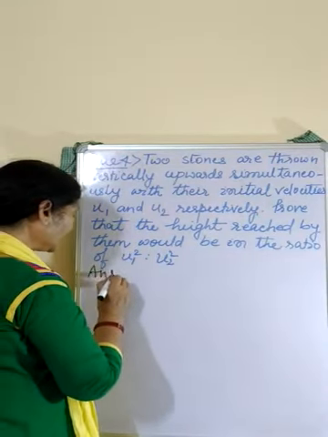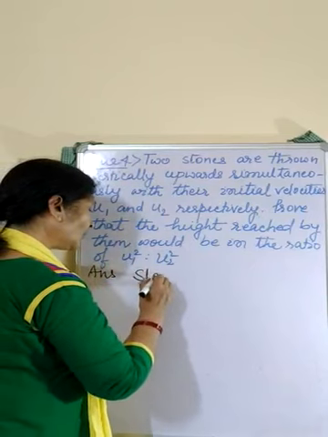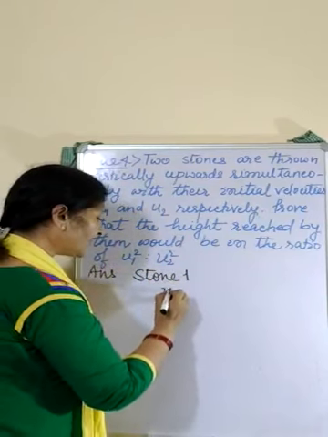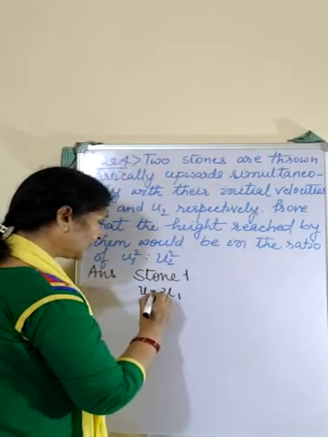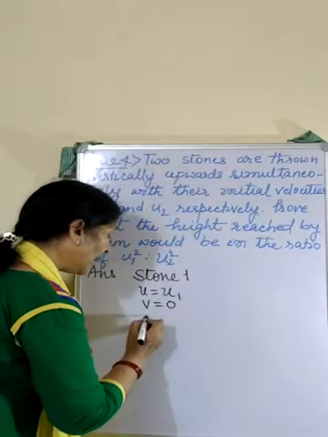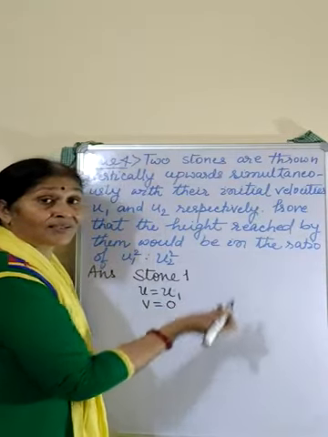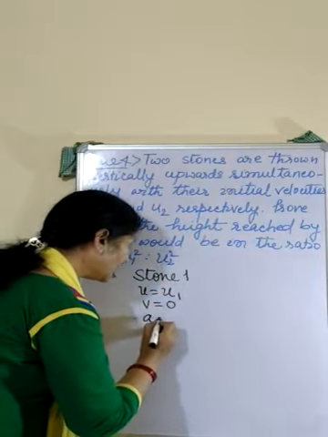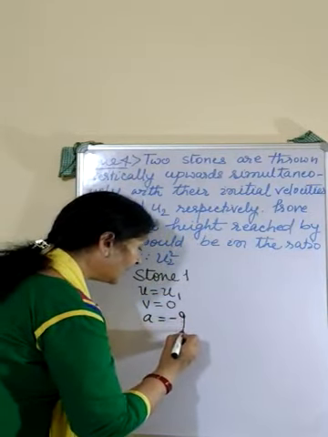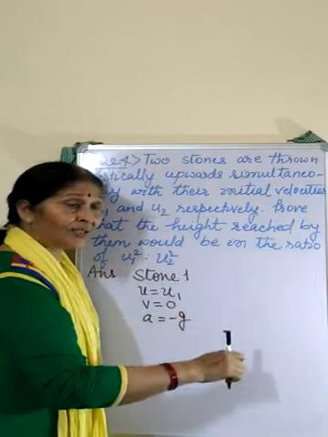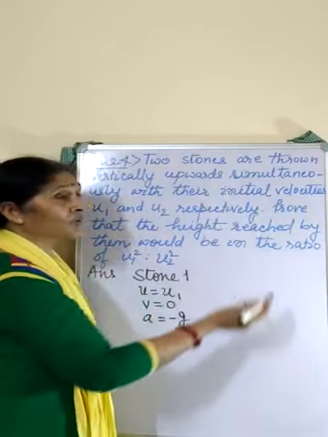For stone 1, the initial velocity is U1, the final velocity is 0, as the stone achieved the maximum height, and acceleration is minus g because the acceleration is acting in downward direction and the stones are thrown vertically upward.